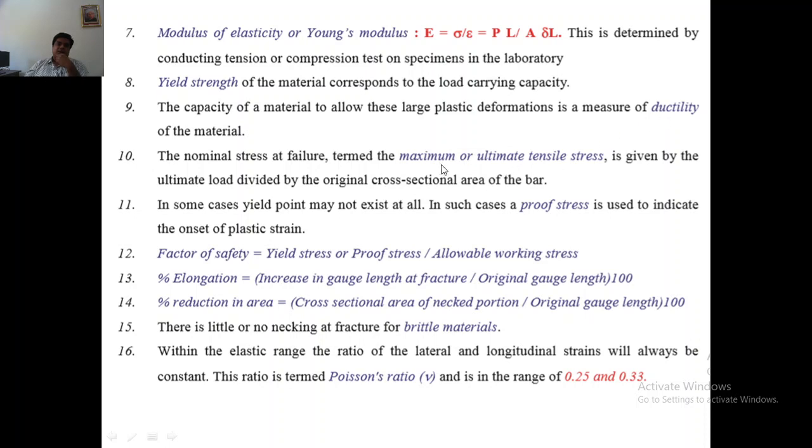And just like yield strength, we have maximum strength or ultimate tensile strength. When a tensile or compressive load is applied, you can have the ultimate stress or ultimate strength of the material.